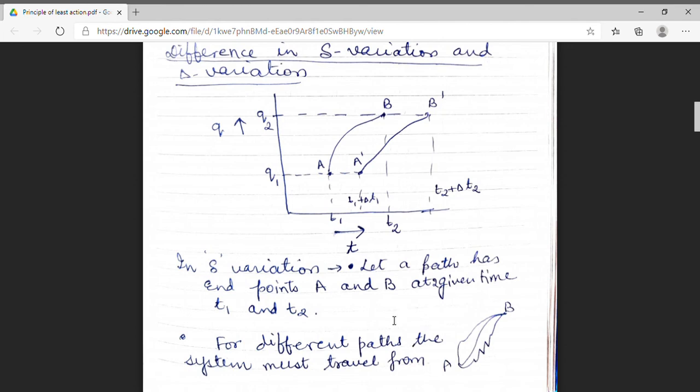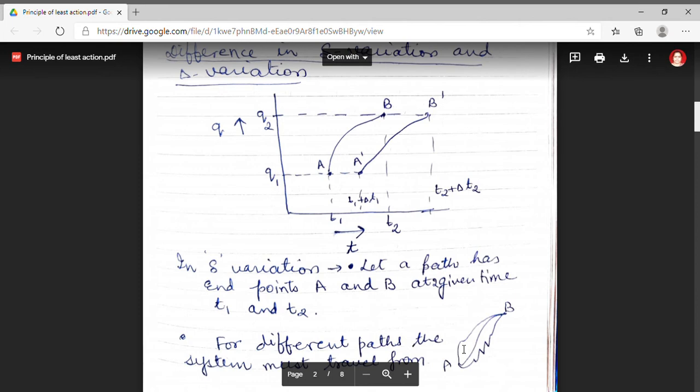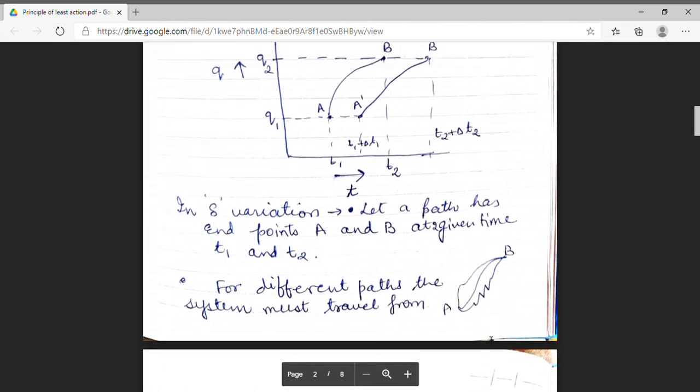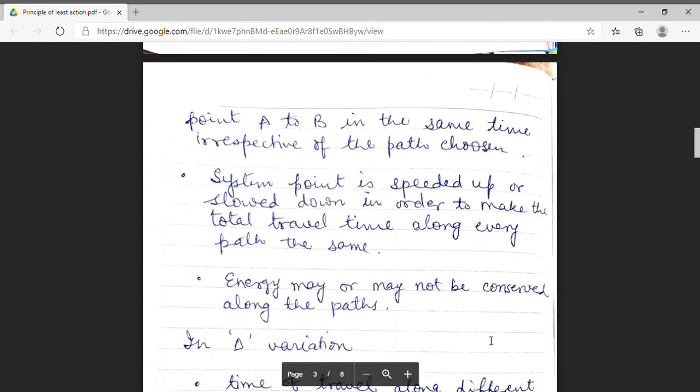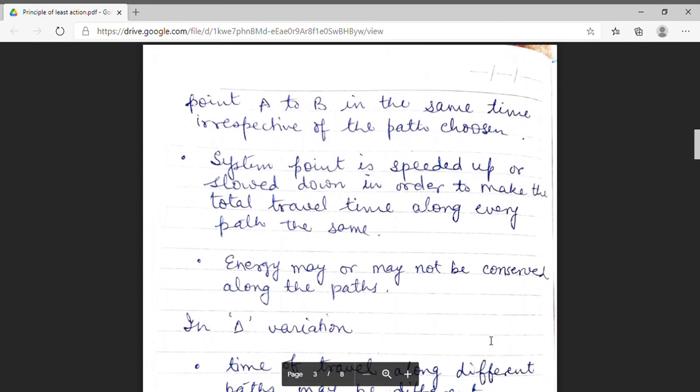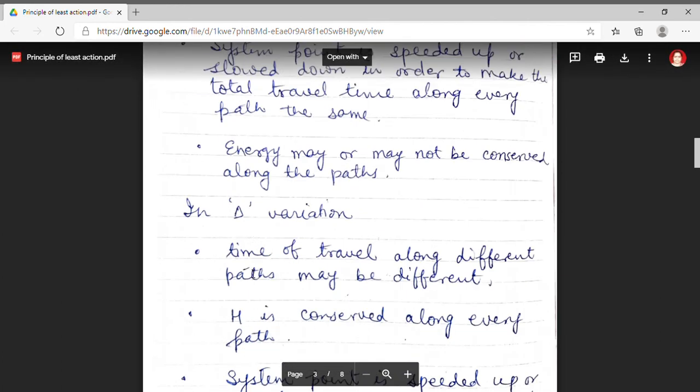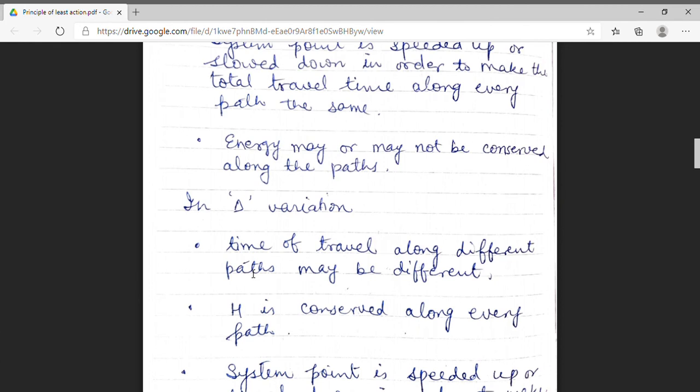As I have already stated, this Δ variation involves a change in path for which the time of travel for the different paths must be the same, and the energy can be changed or it may be constant along different paths. Whereas in δ variation, the time of travel along different paths may be different and energy can be conserved along every path.